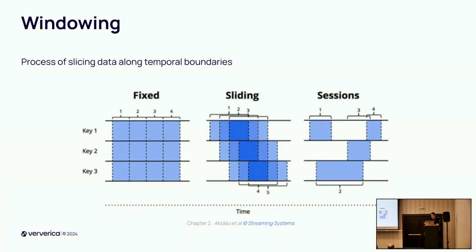Another approach is the sliding window with a size and some interval. If the interval is less than the size, of course, we will have overlapping windows. And the third one is session windows with some gaps in between. Session windows can be useful to do some user behavior analytics, for example, a user watching YouTube videos during the day.